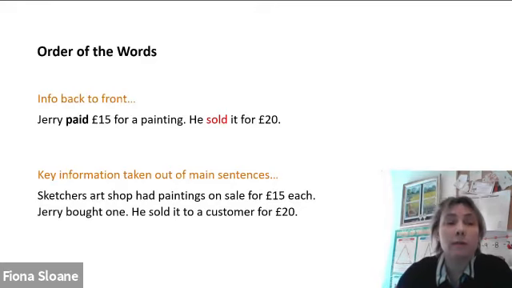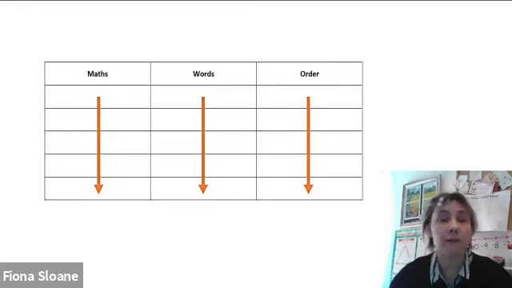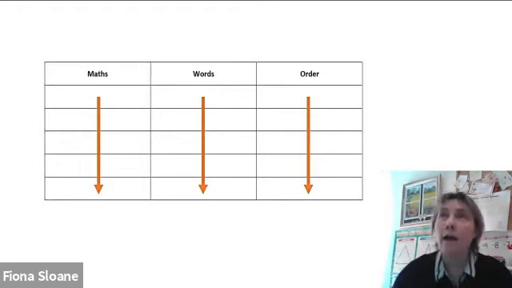So in this case, we work through the maths, then we work through the words, and then we work through the order of the words. Now, I could spend 2 hours going through this, but it's actually a really long task and we don't have a lot of time today. But I have a link at the end where I worked through a couple of different examples, one a personal finance one and one an algebra one, so you can see how this might be broken down.